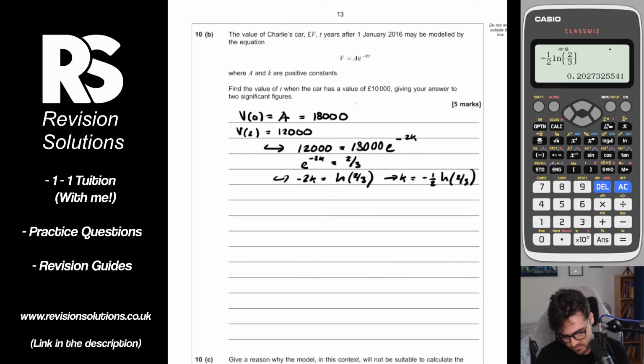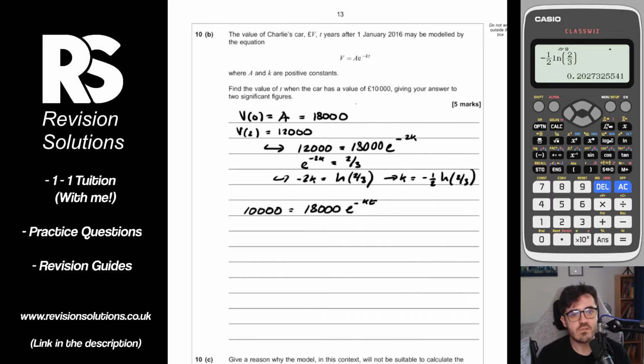Now the question wants, can we find the value of time t when the value of the car is £10,000? So we're setting the value to £10,000. So 10,000 equals 18,000 e to the minus kt, and we were trying to solve for t.